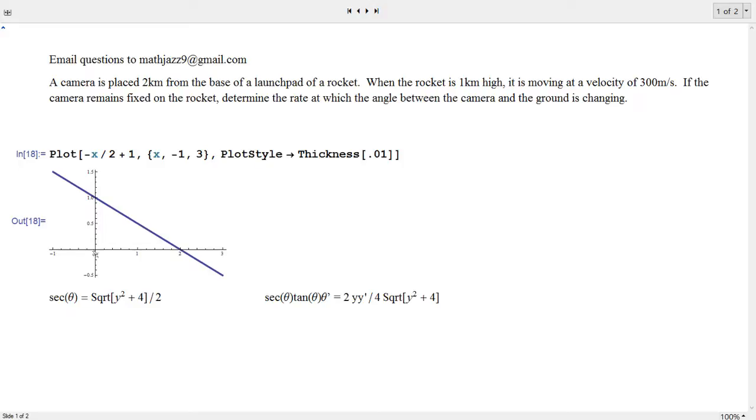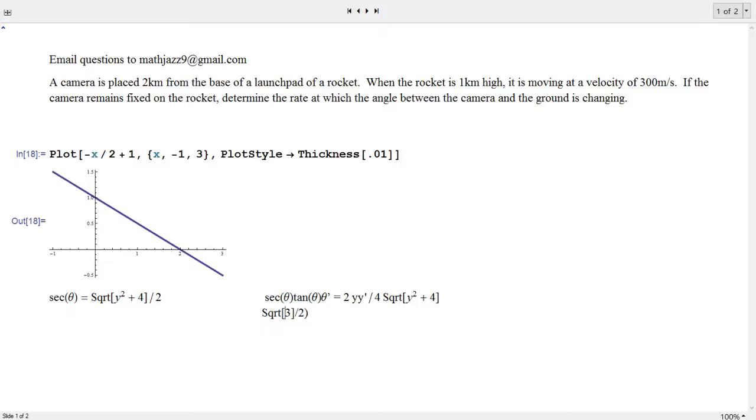So this length is 2, and this length is 1, which means that the hypotenuse is going to be the square root of 3. And our secant is our hypotenuse divided by our adjacent side. So we're going to get the square root of 3 over 2 as our secant.